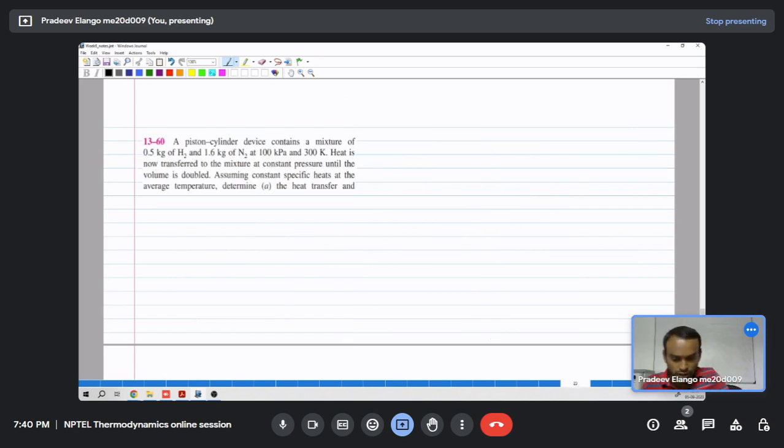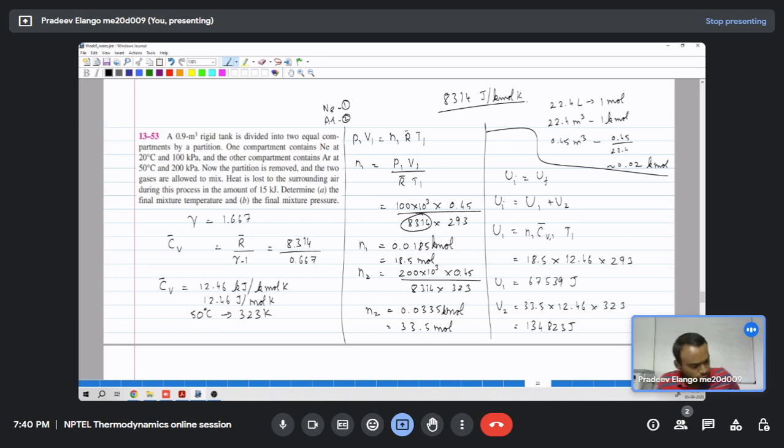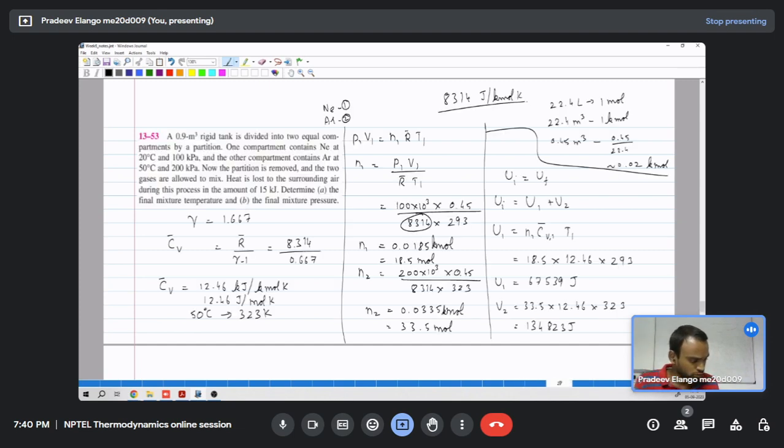So we can calculate the initial internal energy as U1 plus U2, that is 67,539 plus 134,823.